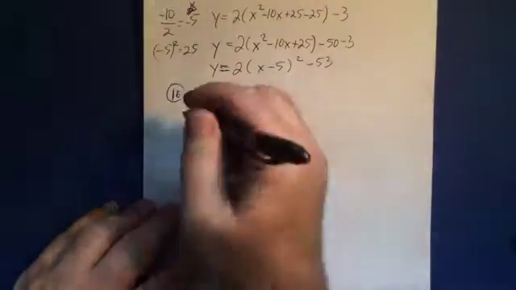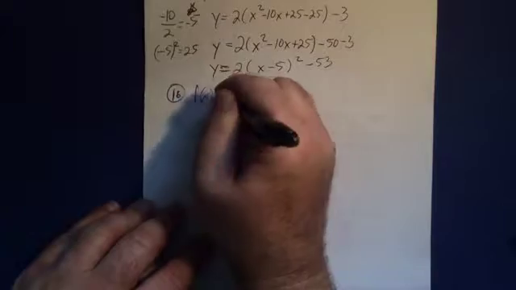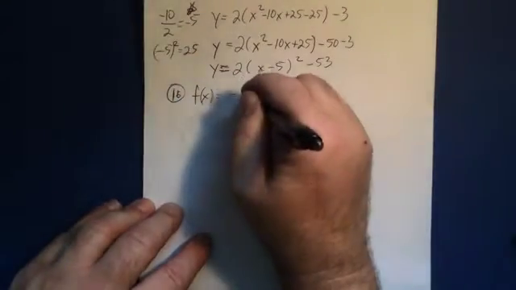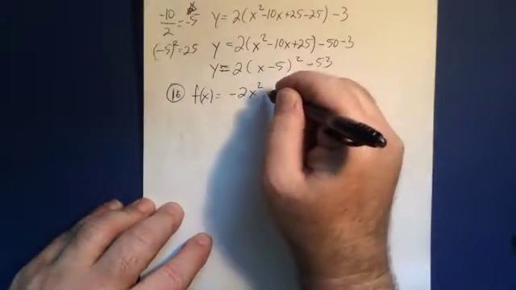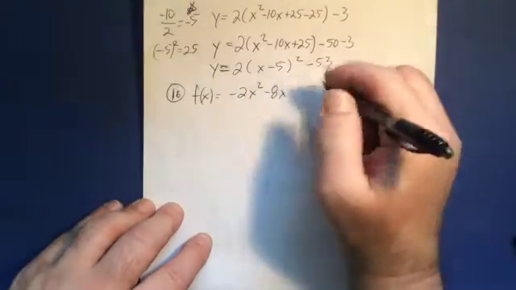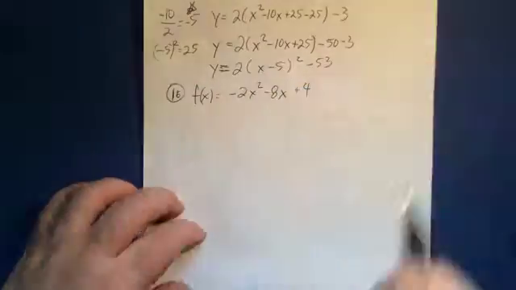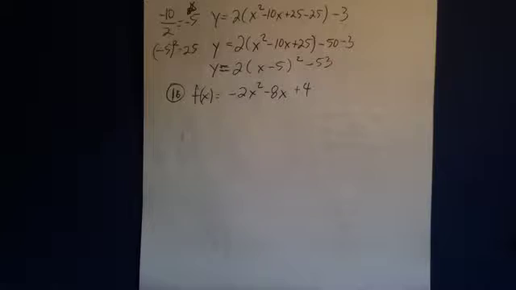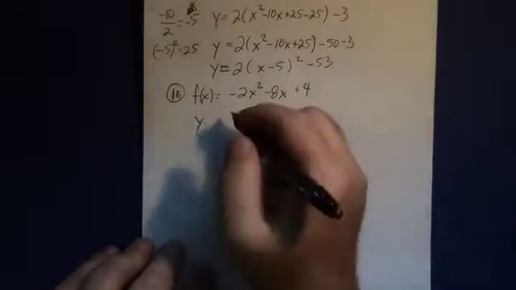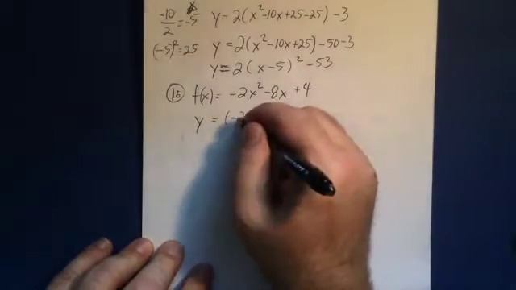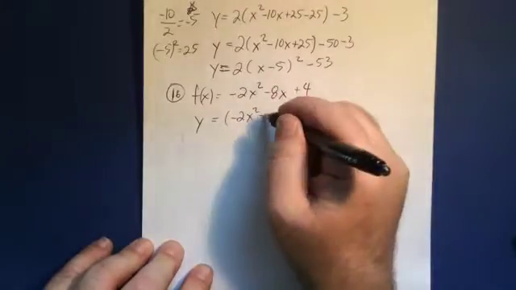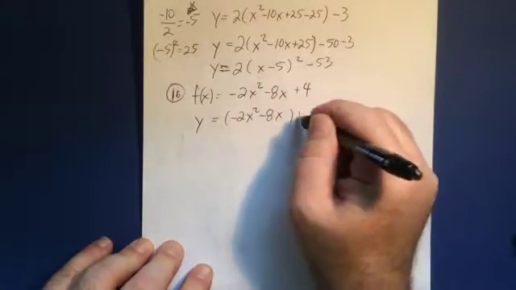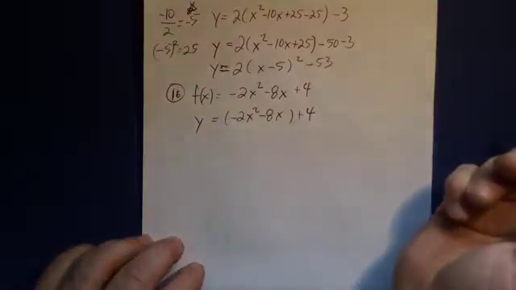So in question 16, here we have f of x equals negative 2x squared minus 8x plus 4. So again, I'm going to go ahead and replace this with y, and then I'm going to separate out the ax squared plus b term from my c.